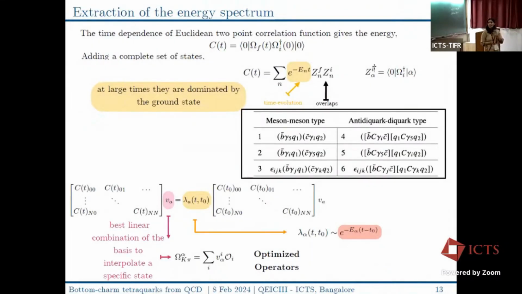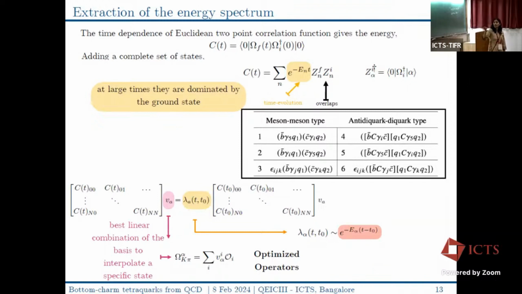Next are some details about the lattice calculation. This you might have seen in Neil Mani's talk. In order to get the energy spectrum, we calculate the two-point correlation function. A particle is created at some point in the lattice, time evolves, and then it gets annihilated at some other point.